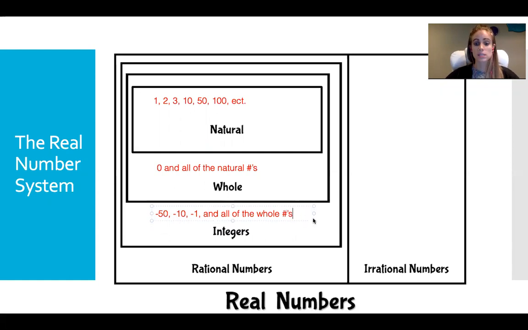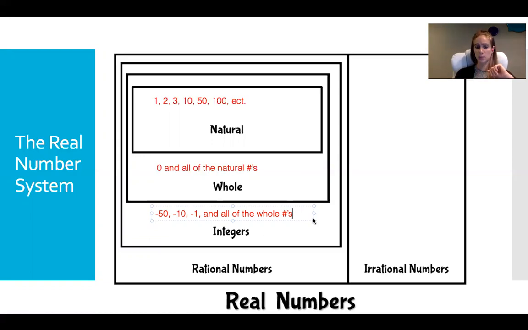That does include the natural numbers as well. This is why you've probably heard us refer to our numbers as integers, because that includes negative, whole, and natural. So all your positives and negatives.